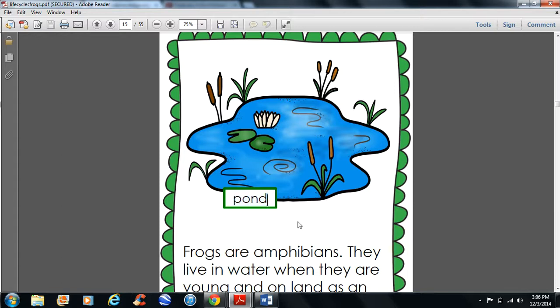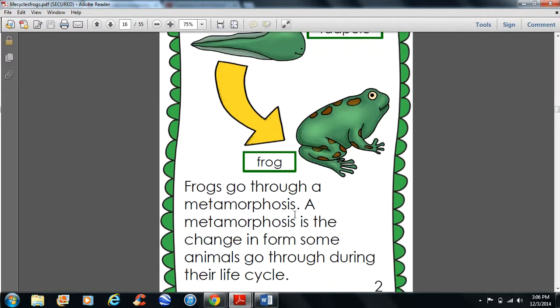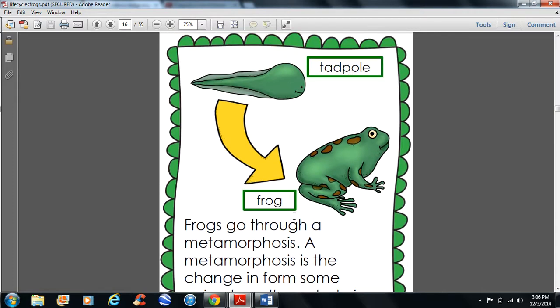And these are the types of frogs that we are talking about right now. Frogs that live in ponds. Tadpole to frog. Frogs go through a metamorphosis. A metamorphosis is a change in form some animals go through during their life cycle. We're going to be talking about other animals who go through metamorphosis also in the future.